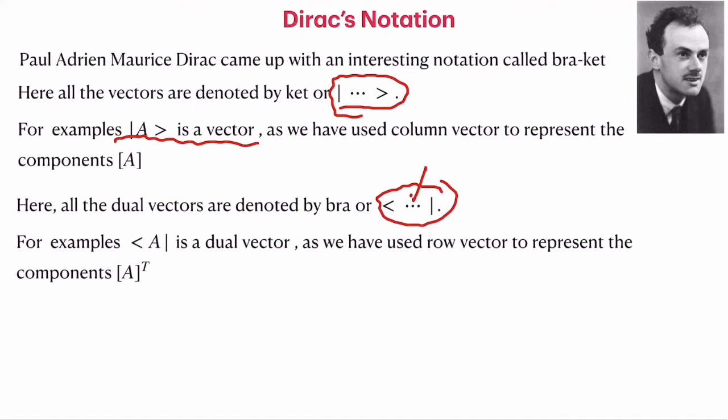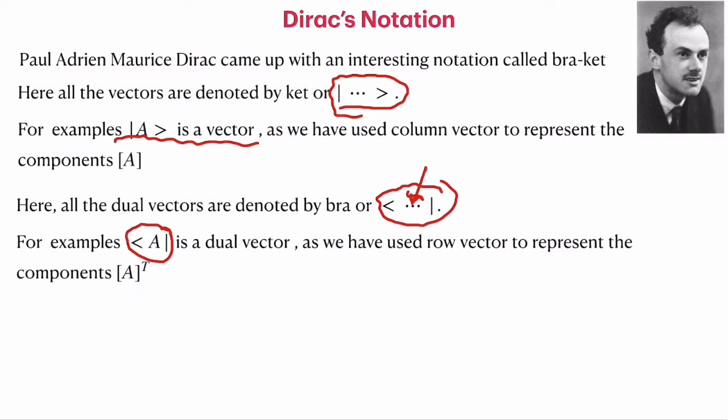Inside you can give the name of your dual vector, as we have done in the case of the vector itself. For example, a dual vector called A star, which becomes cumbersome at some stage, we can write in the bra notation like this.